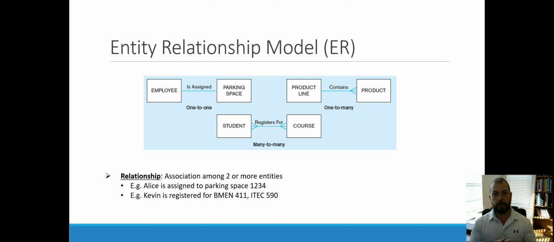And so this can get pretty complex, but building the ER diagram makes your life so much easier when it comes to then creating your functional database. Because then you just take the rules that you designed in your ER diagram and convert those into your relational database, your functional database, and everything's set up.